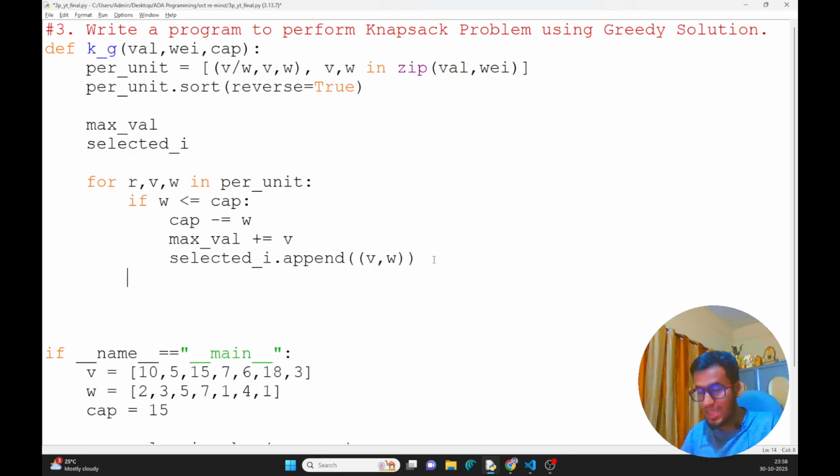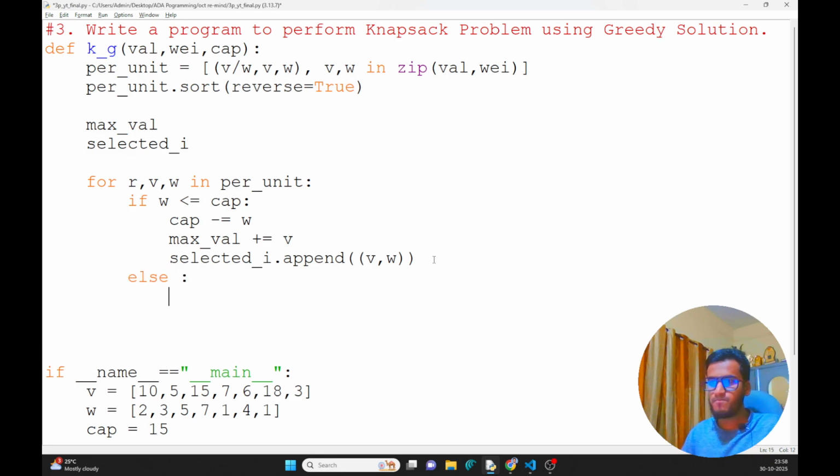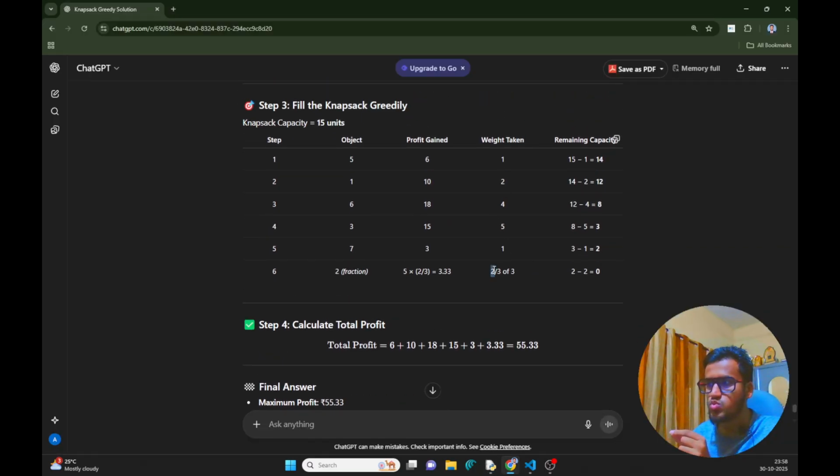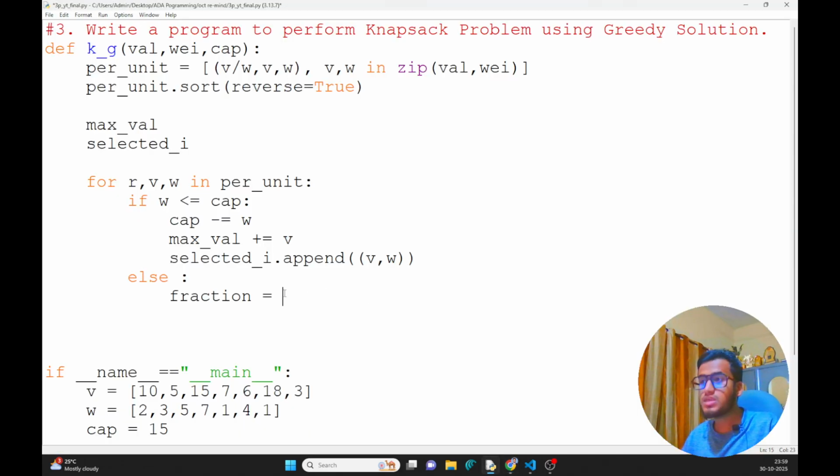So the next is else. If you do not write this else condition, the fractional part will not work. So fraction, F-R-A-C-T, forgot the spelling. In this fraction, you can see we are dividing 2 by 3. What is this 2? 2 is our remaining capacity, right? Yes, the remaining capacity, so you want to write capacity.